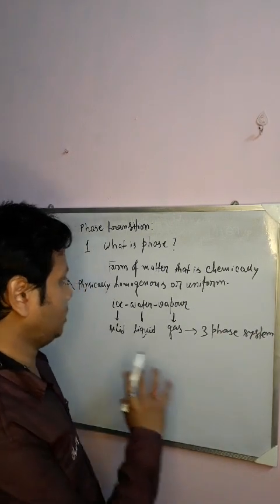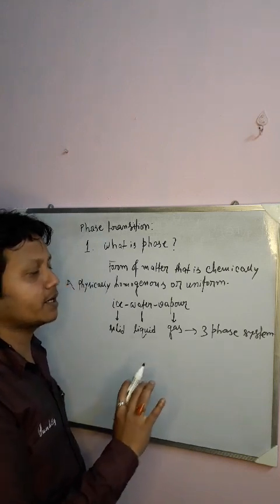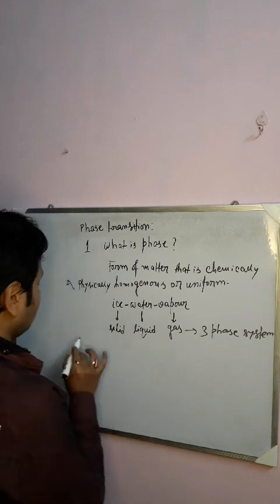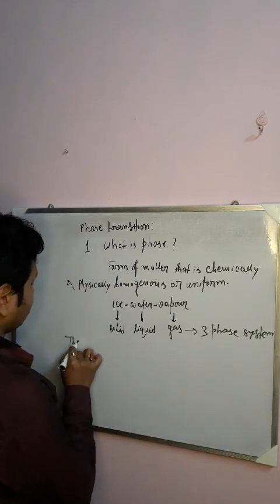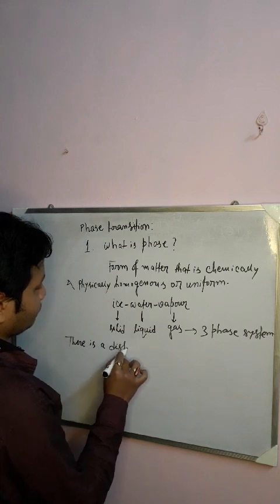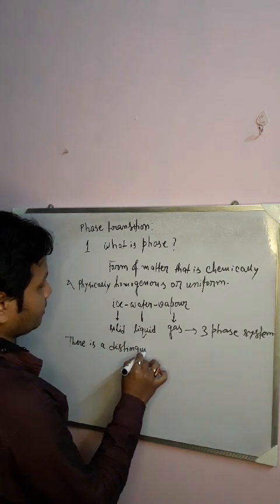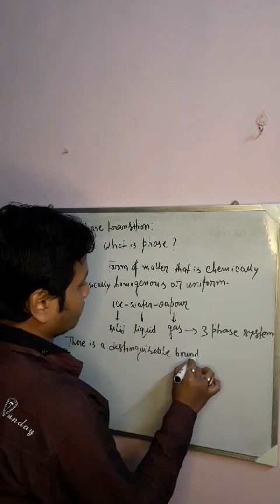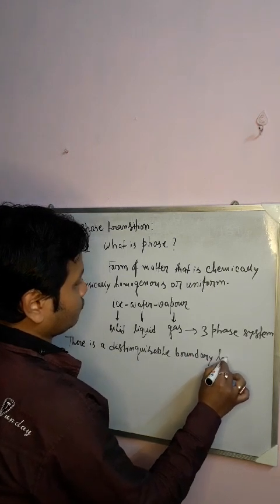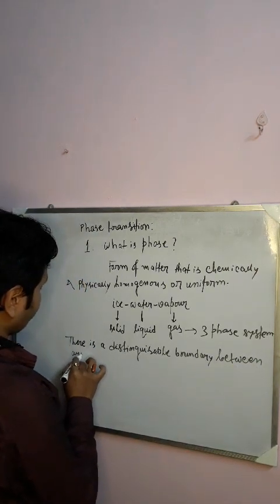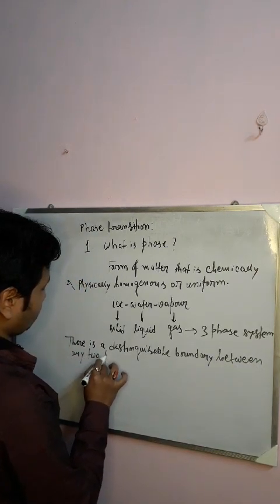And each phase is separated from the other phase by a distinguishable boundary, obviously. So there is a distinguishable boundary between any two phases.